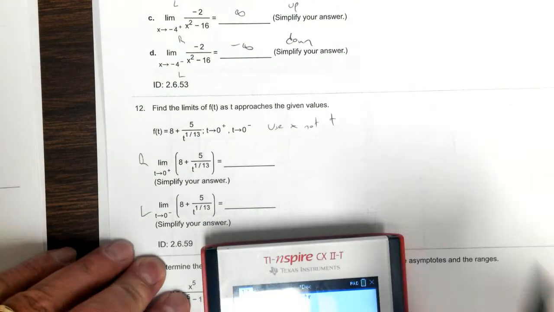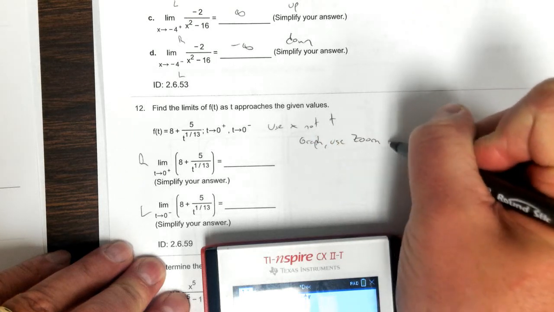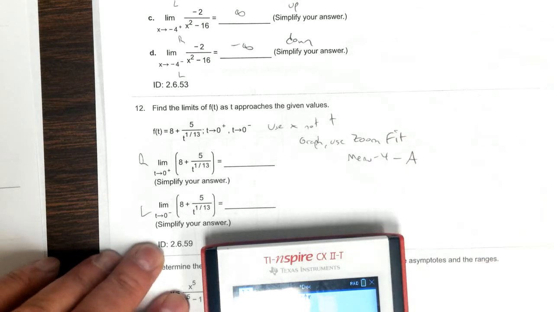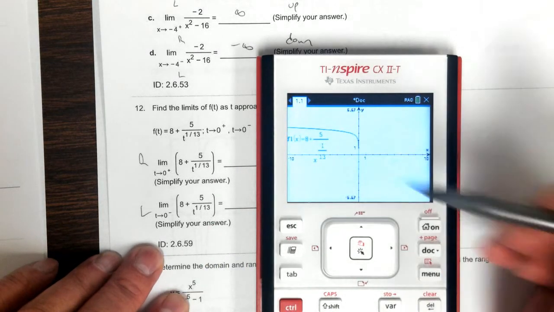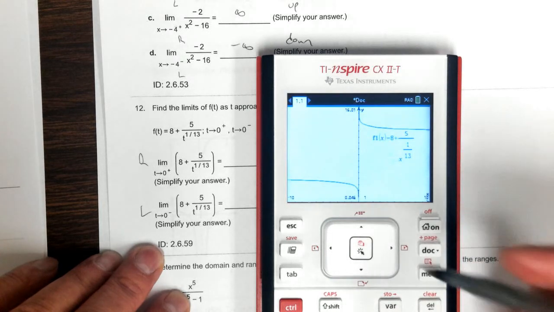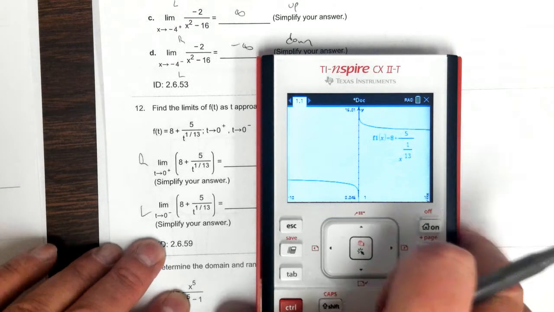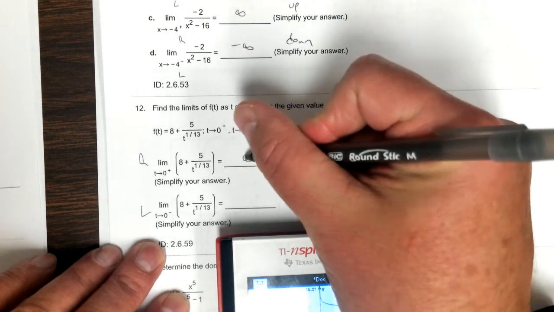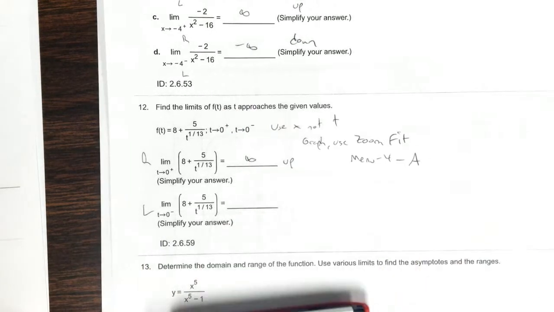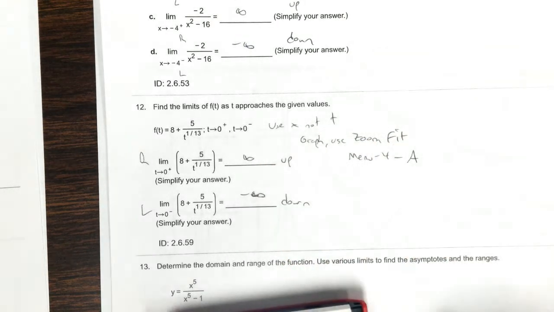Now you probably want to do zoom fit, which again is menu 4A. The reason is because all I can see is something from the left. I don't see anything from the right. But when I do zoom fit, I can now see that from the right it's going to be up, so that's infinity. And from the left it's going to be down when it gets close to 0, so that's negative infinity.